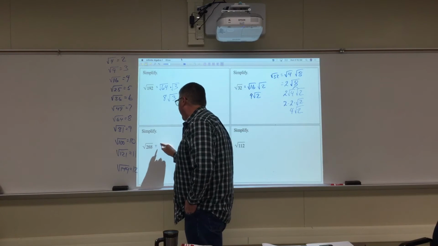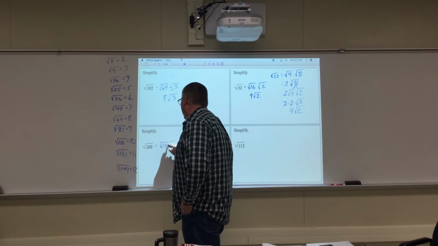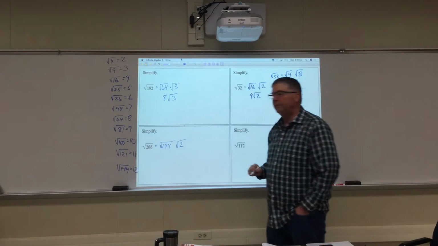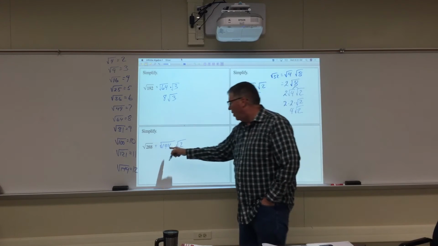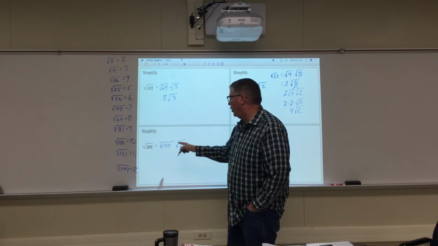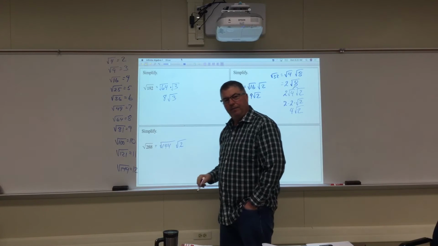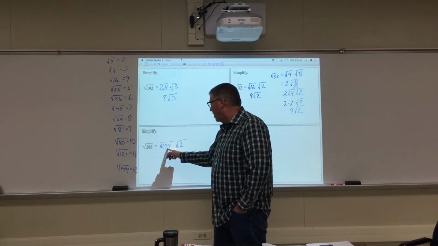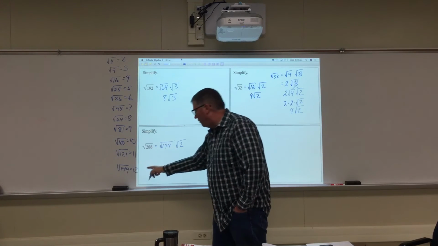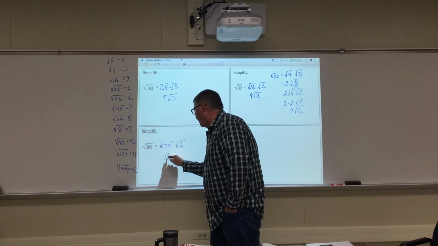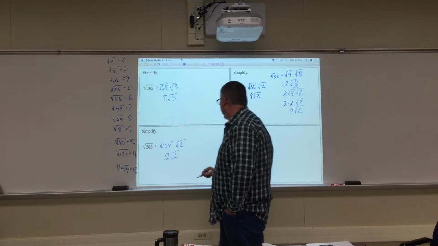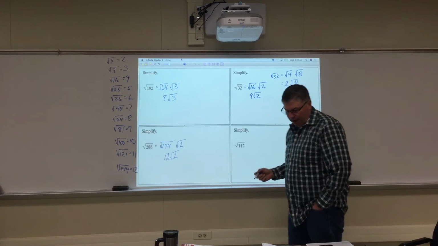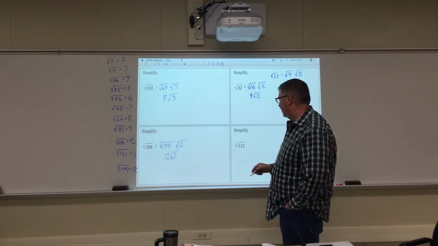So I'll take 144, radical 2. 144 times 2 is 288. That's why we're dividing, because we need to find the multiply. Radical 144 is 12. So this is the process of breaking down the square roots.